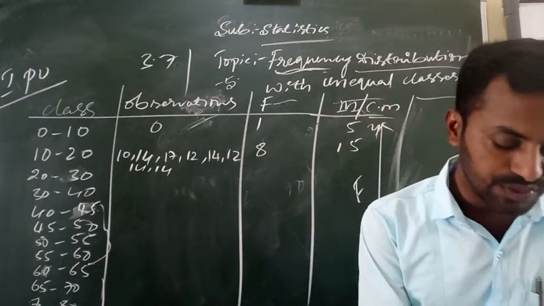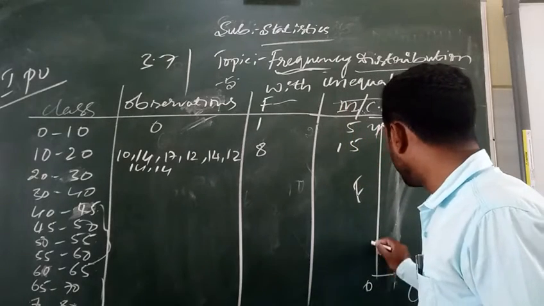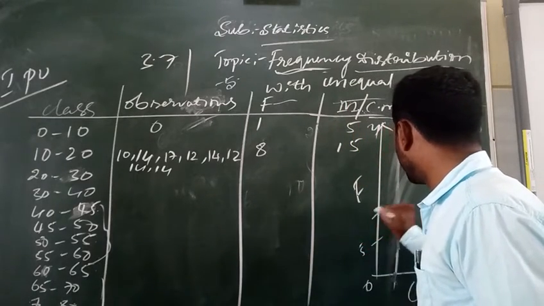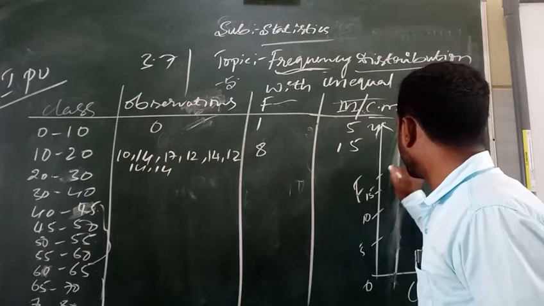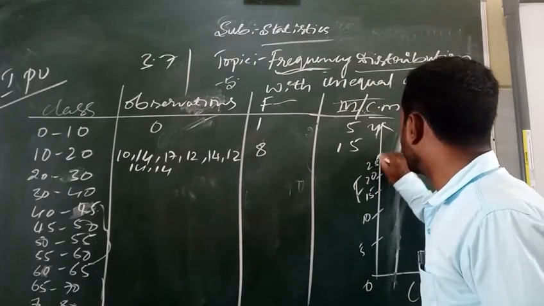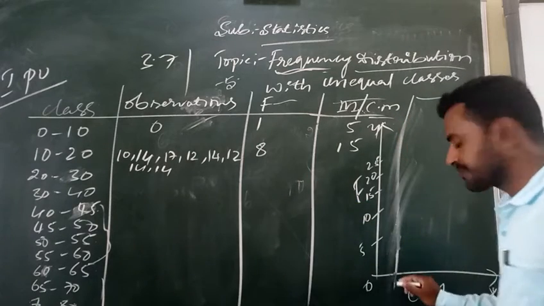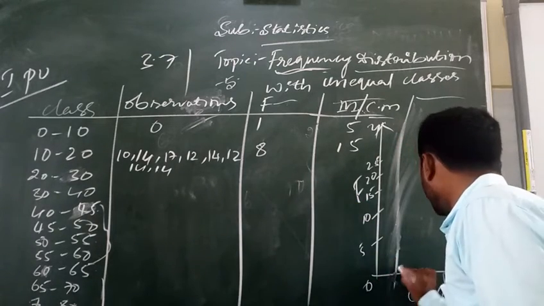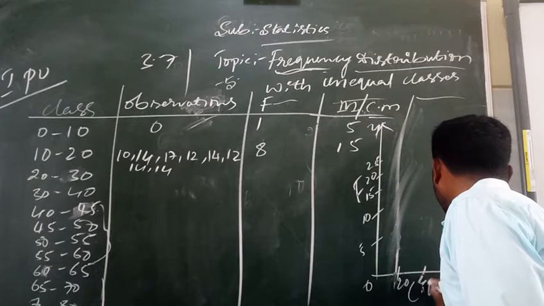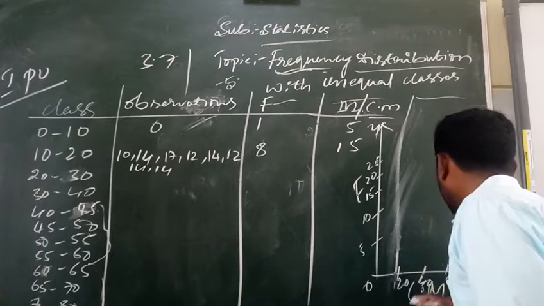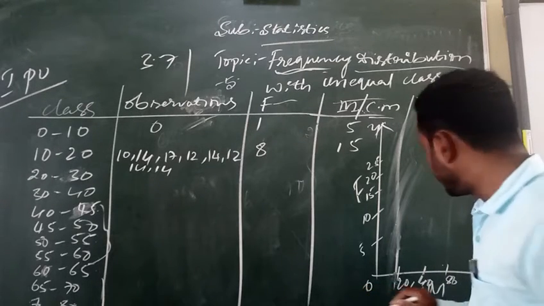See, here we have to mention the values 5, 10, 15, 20, 25. Like that. Here 20, 40, 80, then 100.